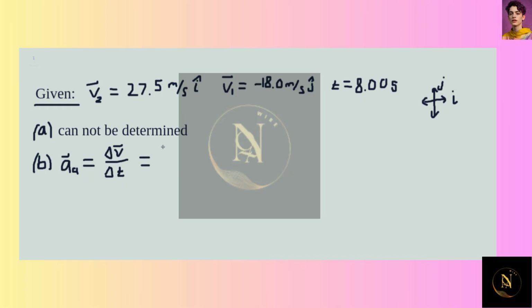Well, this is equal to 27.5 in the I hat direction, minus 18 in the J hat direction, and 0.0 in the other component, and then all of this is divided by 8.00, which is the change in time that elapsed.